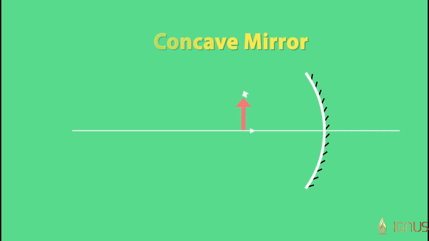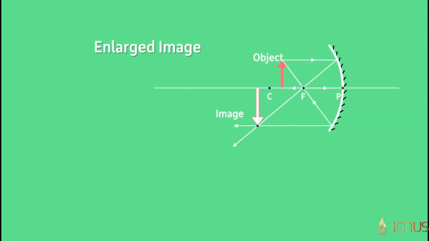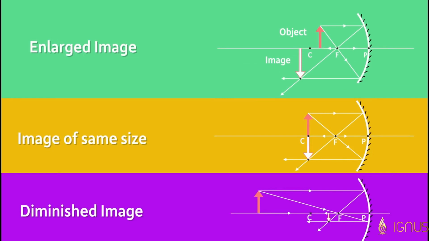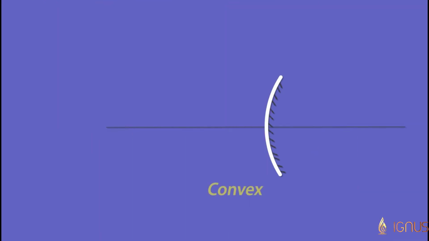Basically, the image can be enlarged, the image can be the same size, or it can be diminished, or smaller in size. For a convex mirror, the image is always smaller than the object unless the object touches the mirror. In that case, the image will be the same size as the object.